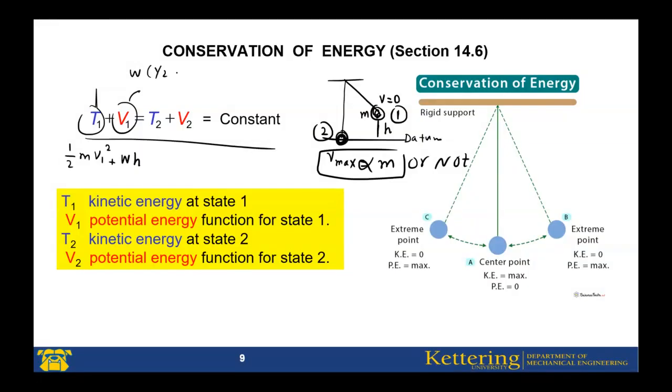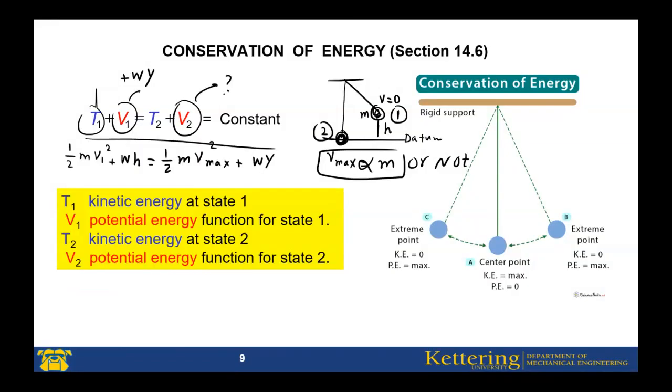The potential energy is positive W y, where y is measured from the datum line. Just here, y is h, equal to 1 over 2 m v maximum squared plus W y.